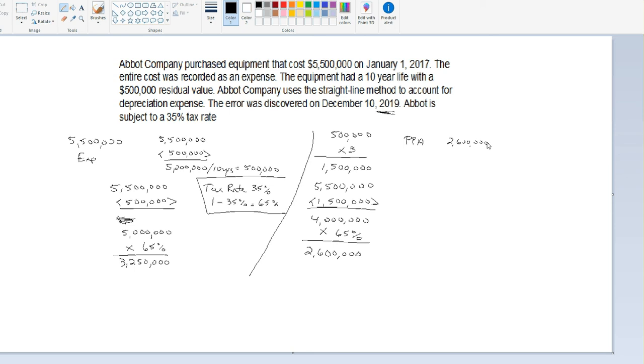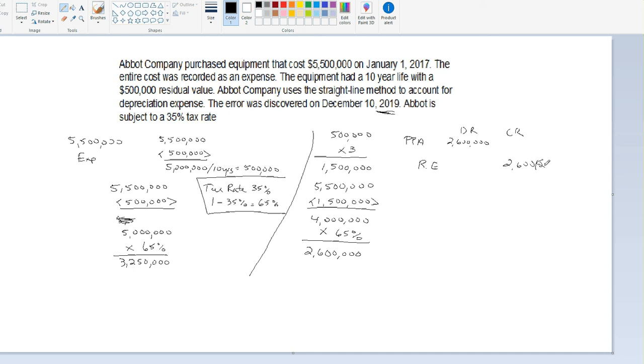When we close the books at end of year, we debit net income and we credit retained earnings. So if we didn't do that for 3 years, then we would simply debit our prior period adjustment and credit our retained earnings by $2,600,000. Okay, and I just ran out of space, so we'll put a K there.